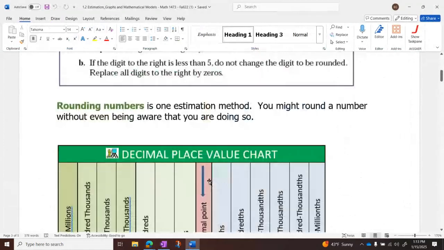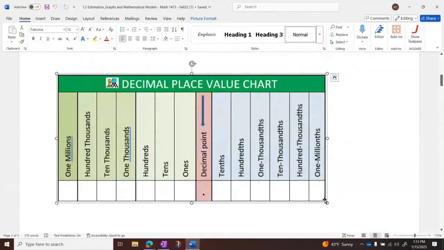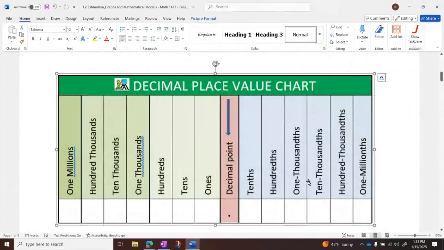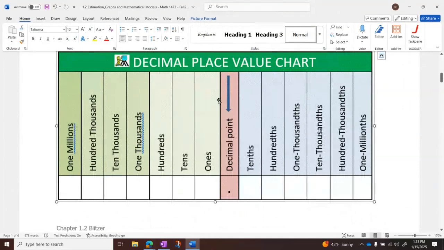There's a chart can help you to understand the names for each place value. So this is decimal point, right? Right behind decimal point, that is a tenth, and then hundredth, and then 1,000th, and so on.